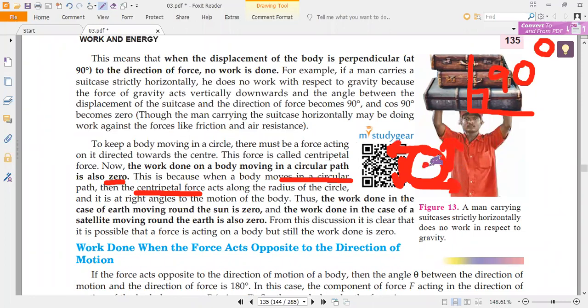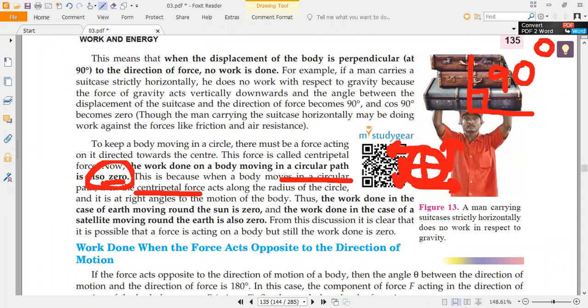So from the center at every point, what is the angle between them? Everybody, what is the angle? 90 degrees. So always the applied force is perpendicular to the direction of motion in a circular path. That is why the work done on a body moving in a circular path is an example of zero work done.